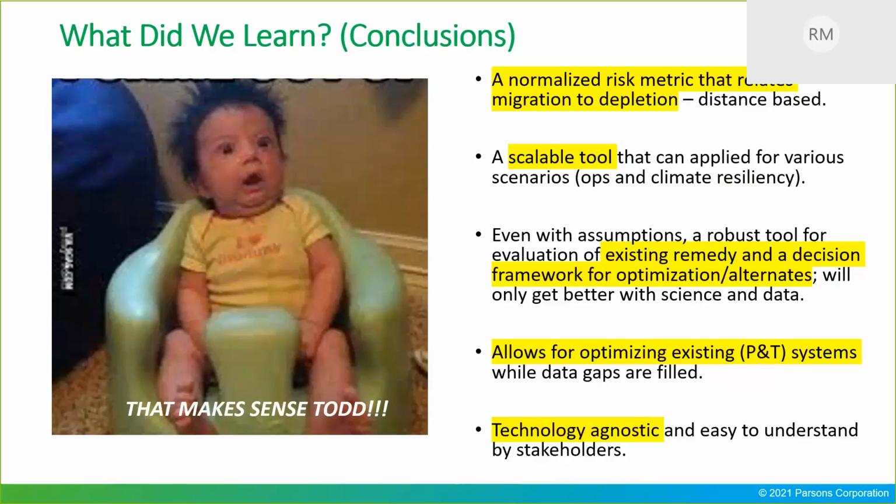It's more of the proof of concept to make sure that we are on the right track, because in some sense, we're working our way backwards. Once you understand the migration to the depletion, this allows us to hone down on the data, on the methodology, and things like that. So to answer your question, no, we have not presented it. We're actively working with the client to scale it up and make it more robust.